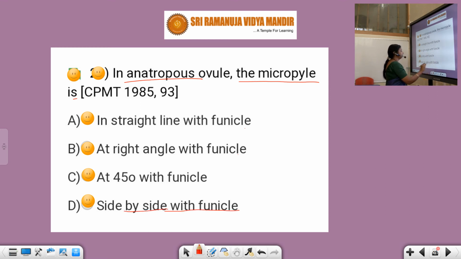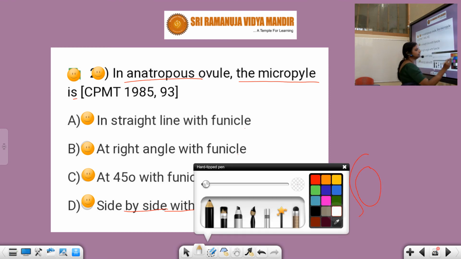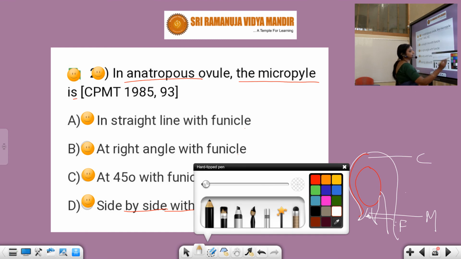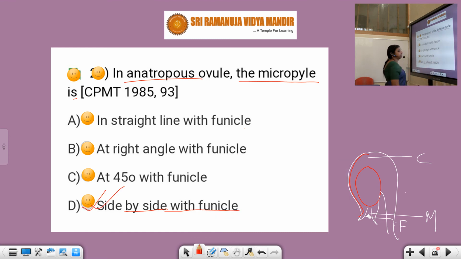Side by side is the answer. Because it is inverted, this is the micropyle and this is the chalaza, and the micropyle portion is very near to the funicle, because the body bends at 180 degrees and comes nearer to the funicle. So side by side. Option D is correct.